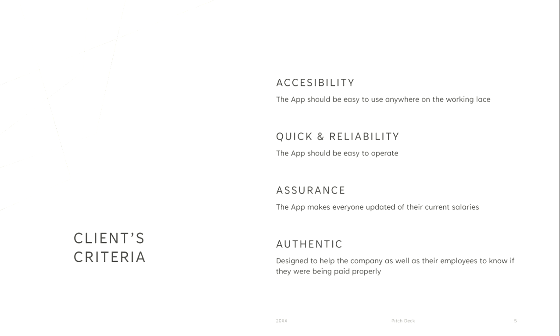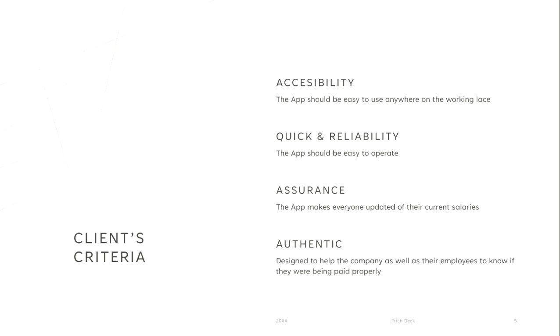Next is the client's criteria. Accessibility. In this problem, my answer was to program an application. That's why for an easy computation of the total income of the employees, first the accessibility.